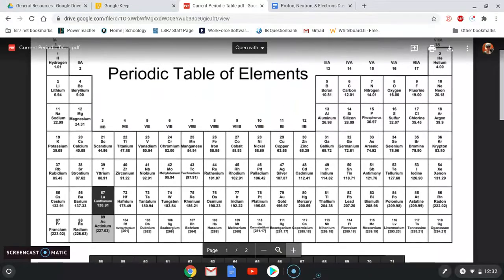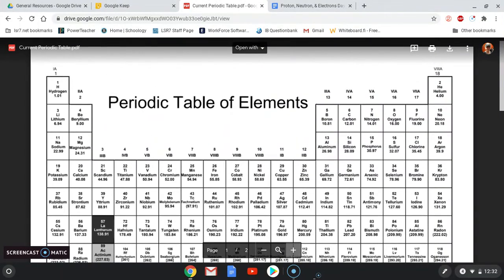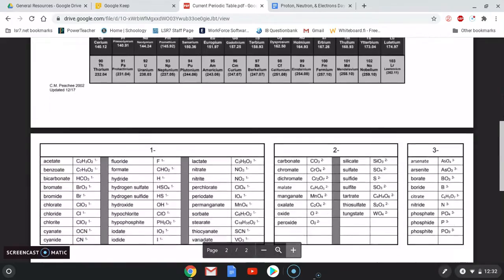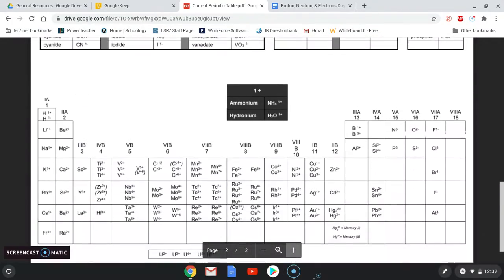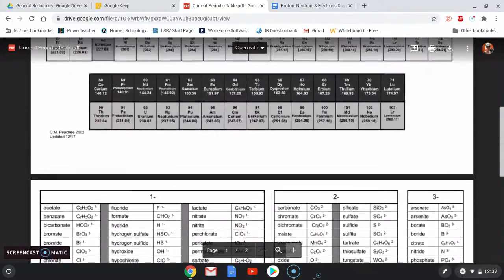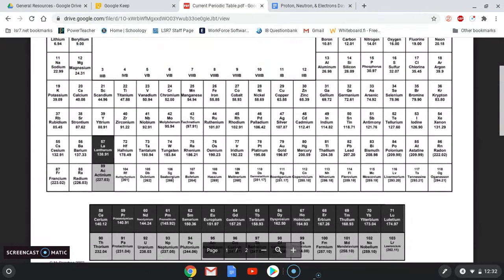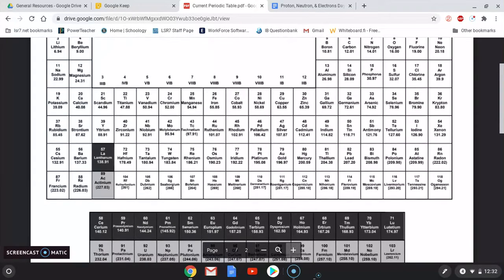You're going to use this a lot. I highly encourage you to try and print this if you can, maybe a couple of copies. You are going to want the front and the back, but you probably won't need the back for a bit. So the front is really the most important part right now. Make sure you have that.